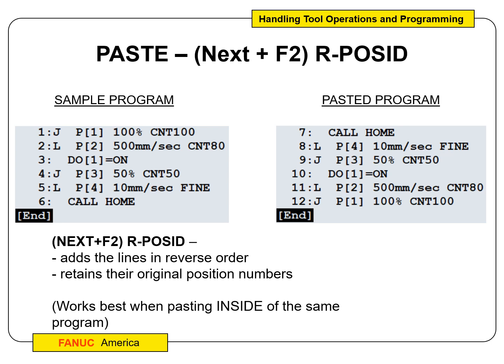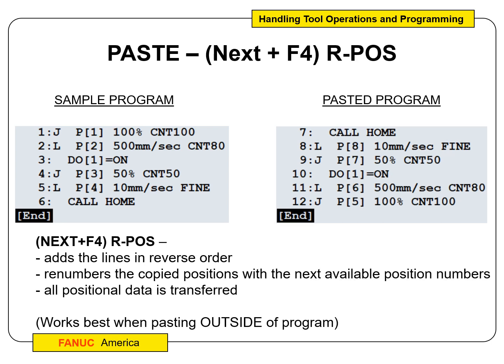So P1 stays P1, the first line becomes the last line and the last line becomes the first. Again, because it's position ID, it's best inside the same program. And then reverse position means you take it and P1 becomes P5. It's exactly the same XYZs, yaw, pitch, roll, but the first line becomes the last.